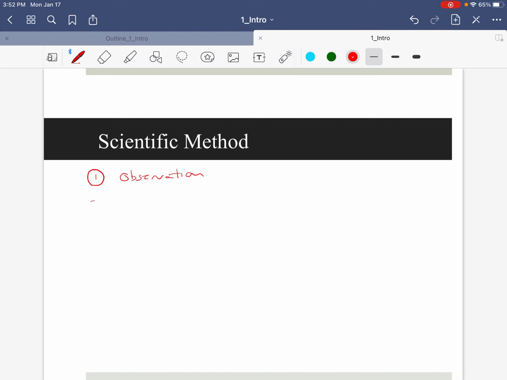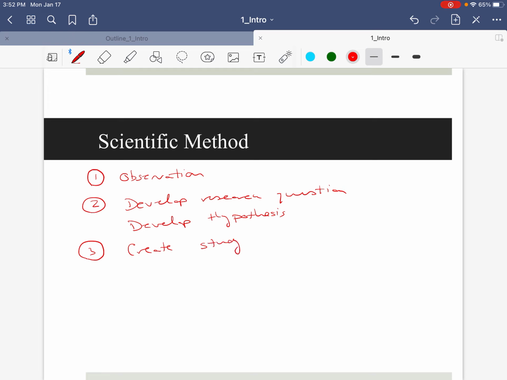And then from our observations in the world, we develop a question, a research question. And then we develop a hypothesis. So we think of a broad question, and then we think, well, how are we going to study it? What's our hypothesis going to be? Then you create your study design. You carry out the study.